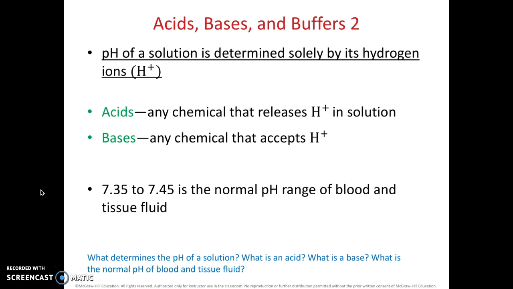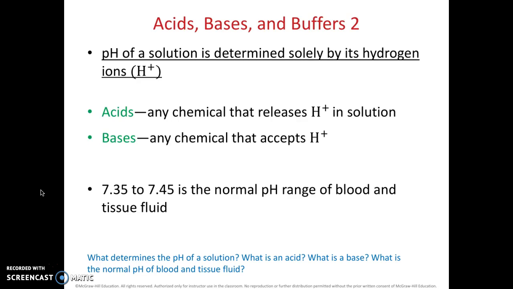So the pH of a solution is determined solely by the hydrogen ions. The formal definition of an acid is any chemical that releases hydrogen ions in solution, and bases are any chemical that accept hydrogen in solution. Remember that 7 is neutral.